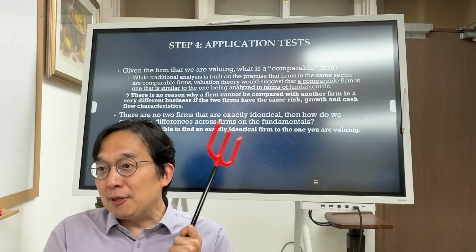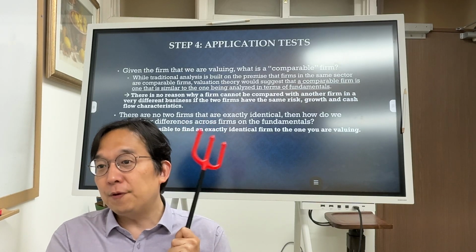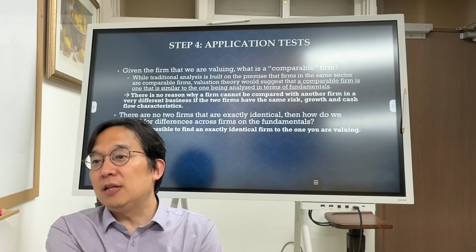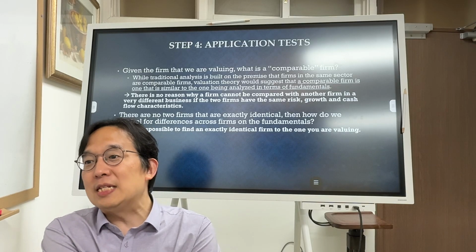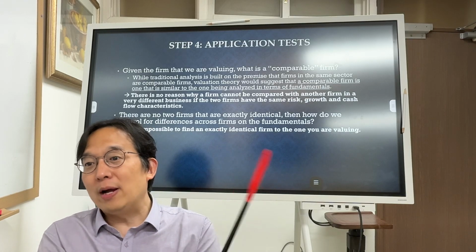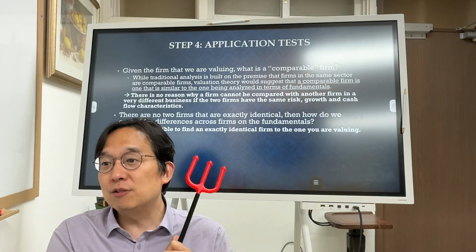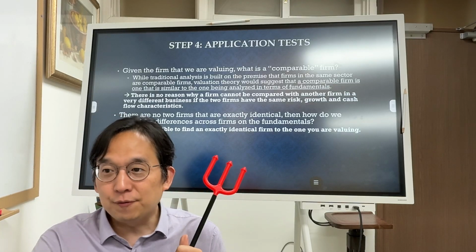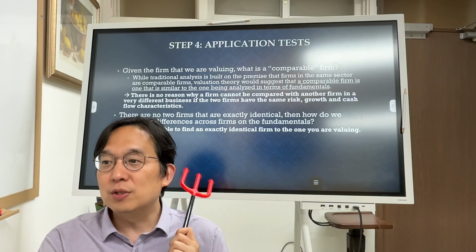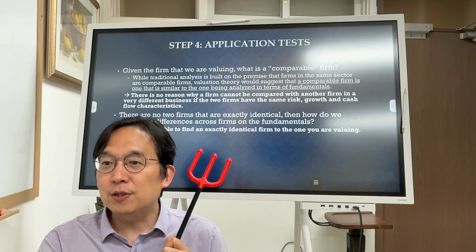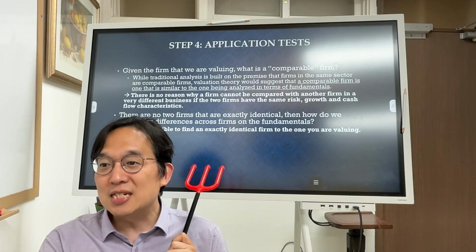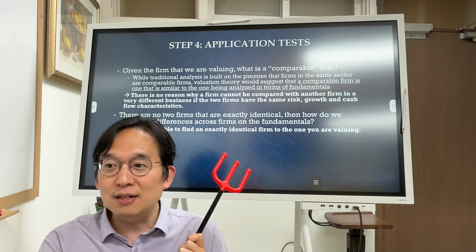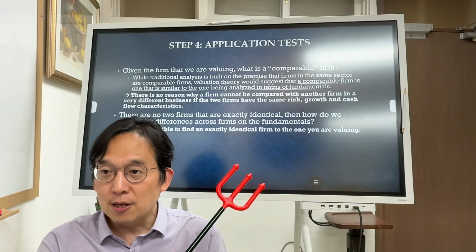Step 4, application test. Well, given the firm that we are valuing, what is the comparable firm? While traditional analysis is built on the premise that firms in the same sector are comparable firms, valuation theory would suggest that a comparable firm is one that is similar to the one being analyzed in terms of fundamentals.